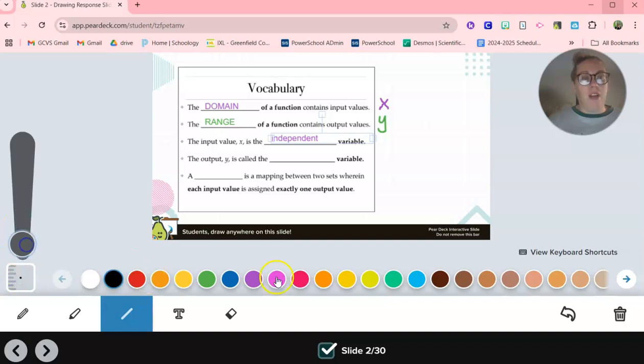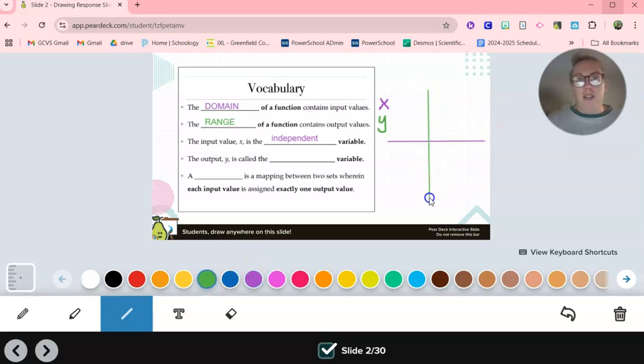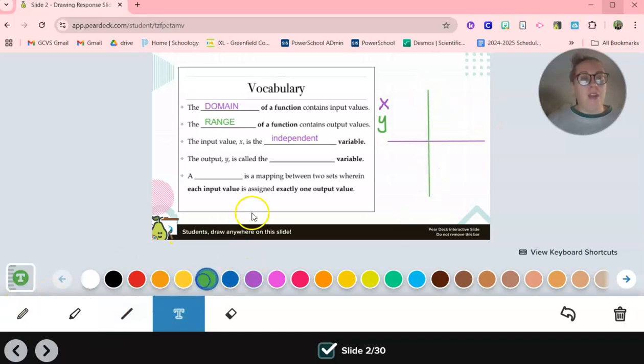If we're drawing a graph, our X axis is horizontal and our Y axis goes vertical. Our Y axis is the dependent variable because our Y value or our output depends on what the input was, right? If the input is 2, then we can figure out what the output is. We need to know the input to figure out the output.